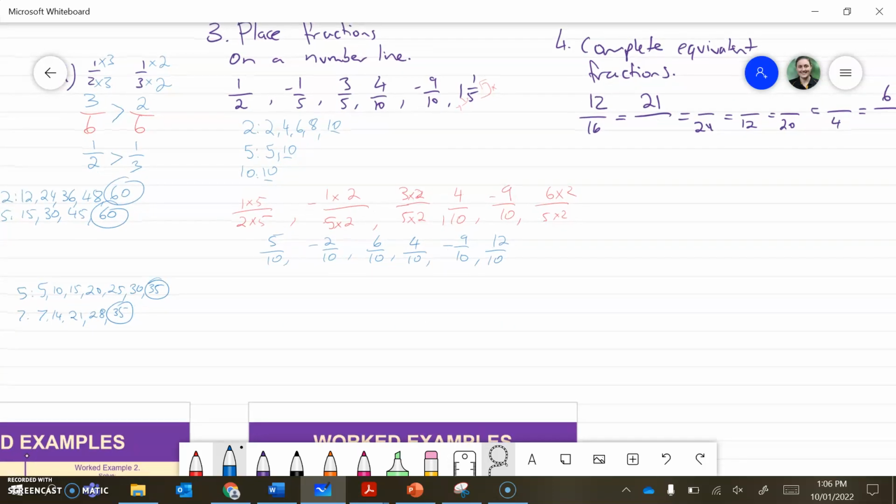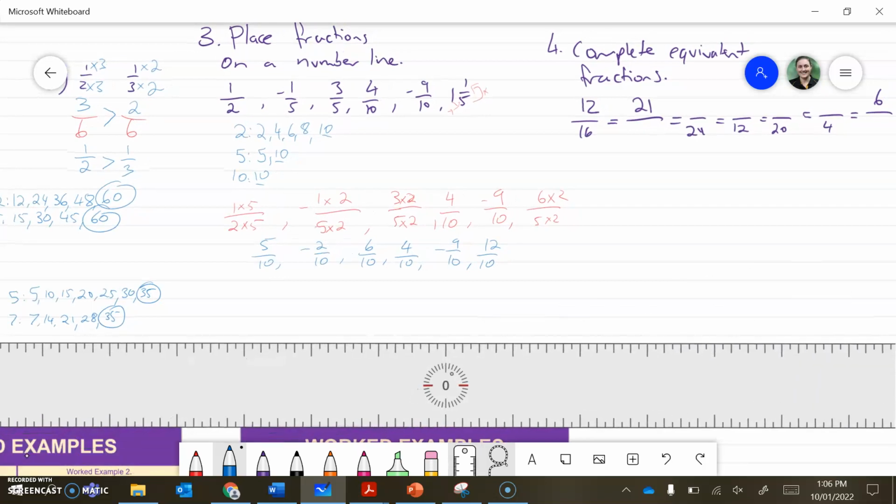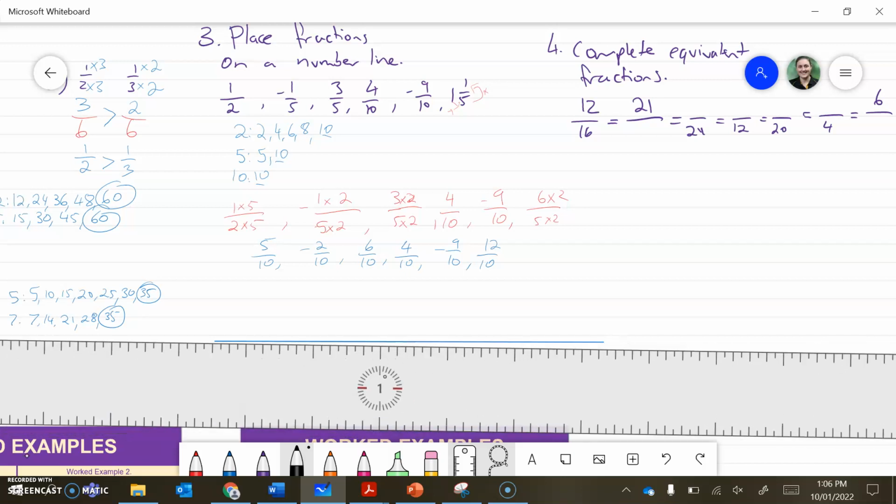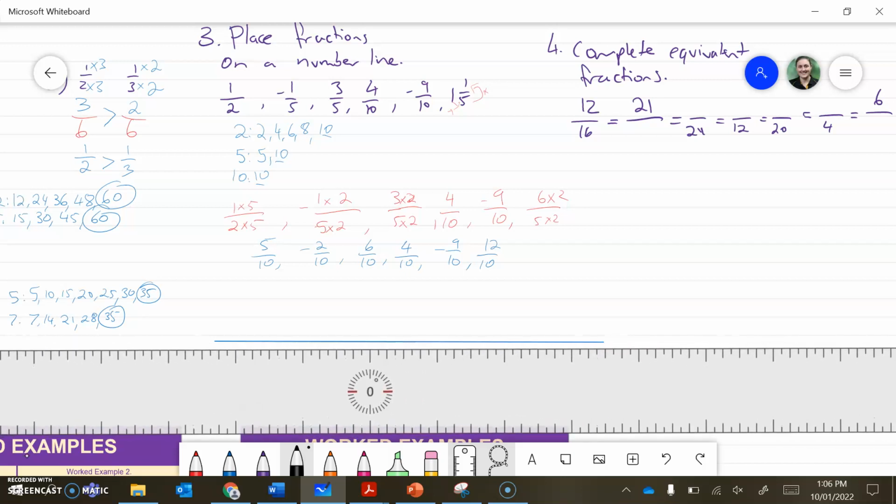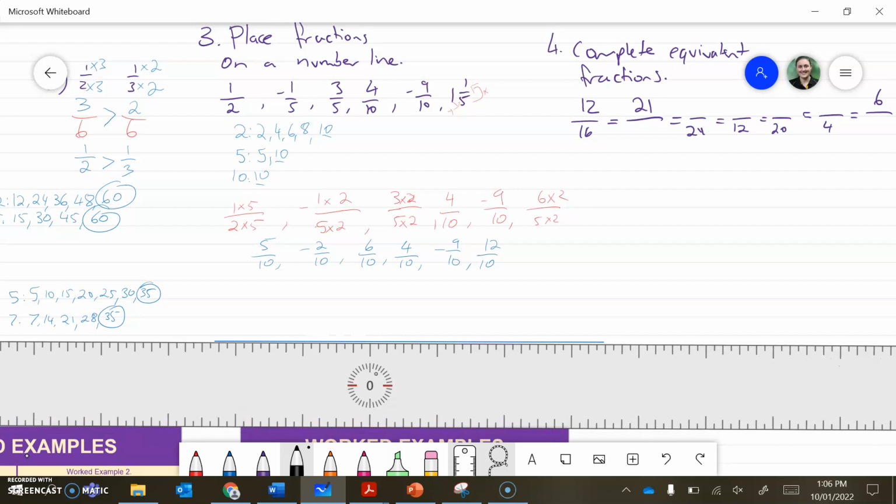So I then need to get out my ruler, and I rule a nice straight line. And then what I'm going to do is mark each of those increments. Now you can see here that I'm going to need to go from -1 up to just over 1.